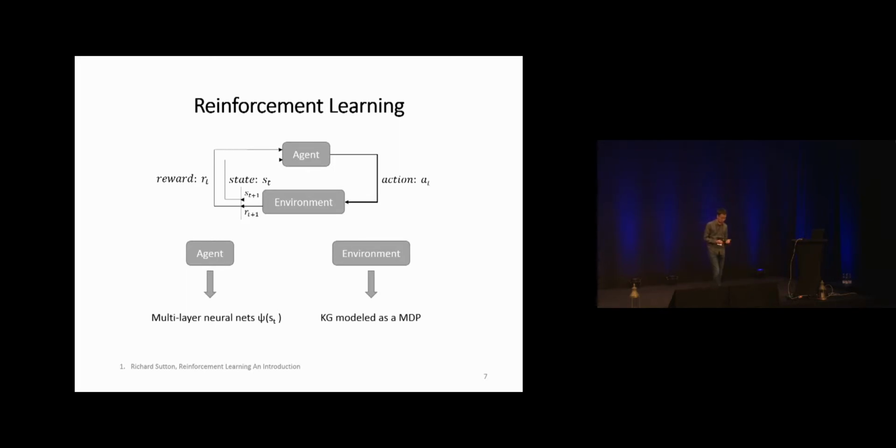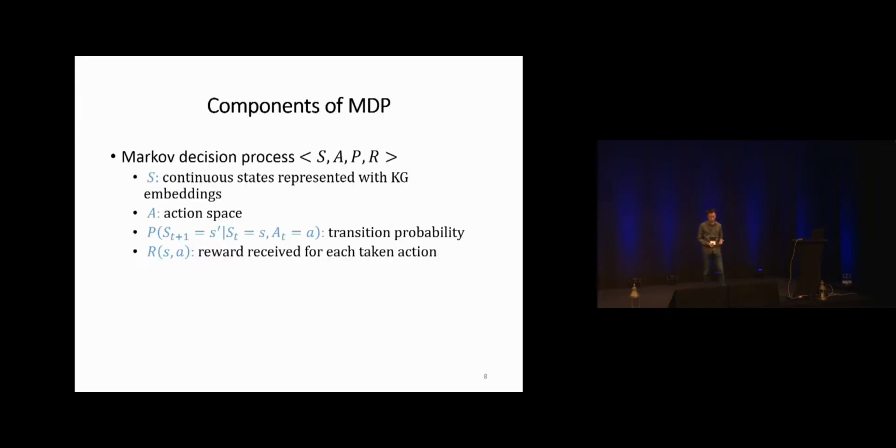For the components of this Markov decision process, we first have a state representation, which is a continuous vector constructed by the knowledge graph embeddings, and an action space which defines all the valid actions. The transition probability defines the dynamics of this environment. We compute these transitions using the local structures of the knowledge graph. And we will define a couple of reward functions in the following slides.